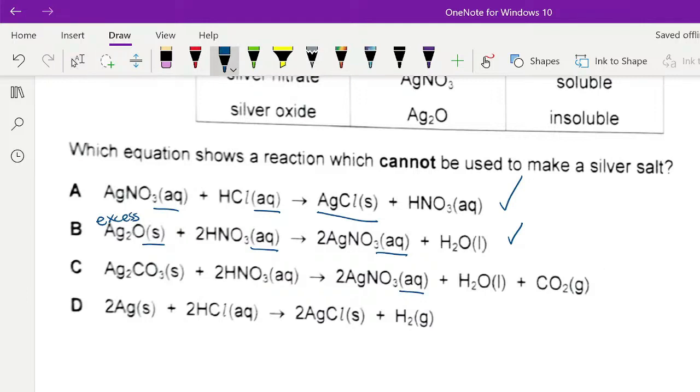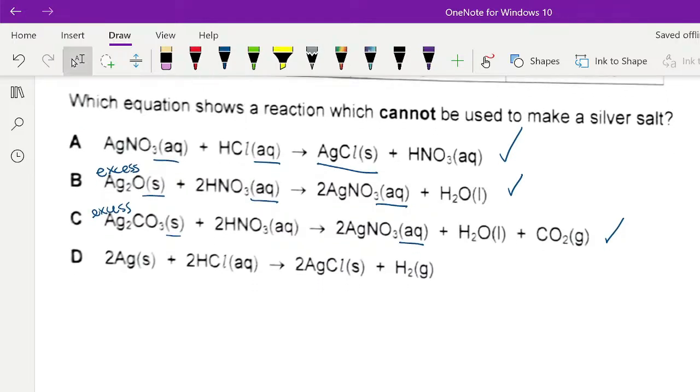You want to make an aqueous product, so you need excess insoluble base, right, and the acid. This will work. Now here, see, what did we say for the first one just now? If you want a solid product, you have to start with 2 solutions. You cannot start with another solid. So this will not work.